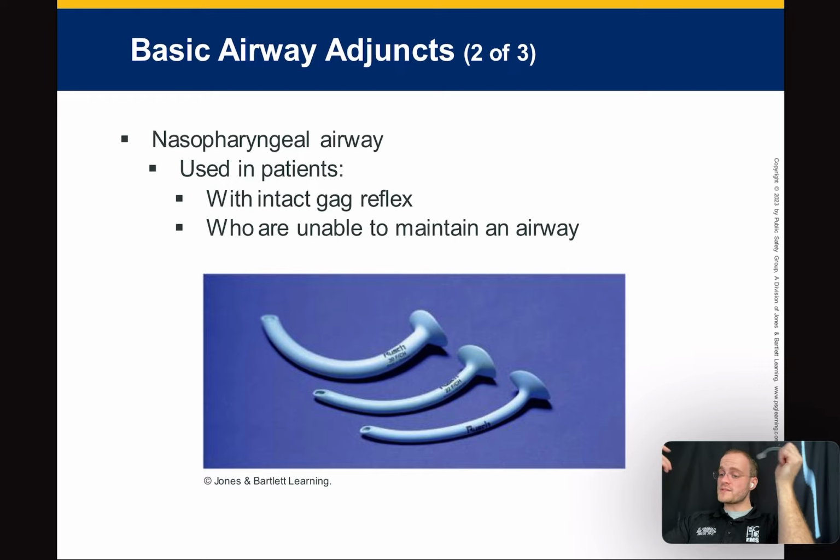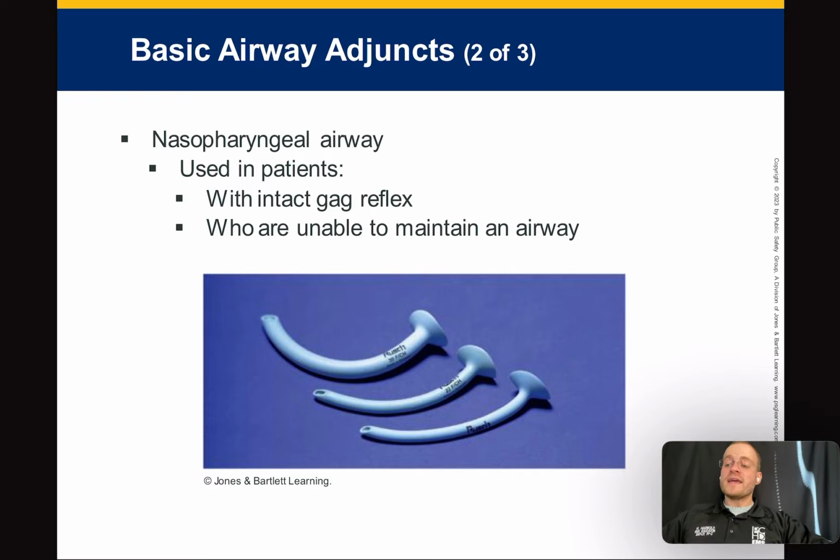So the cool thing about this is it can be used when the patient has an intact gag reflex. The consequence is, write this down, you cannot use a nasopharyngeal airway if there is suspected head trauma, right? Any type of head trauma, nose trauma, face trauma, neck trauma. If there's trauma from here up, don't use this.